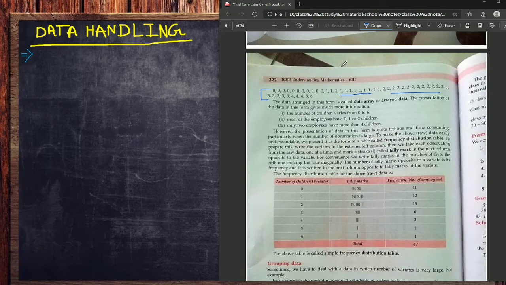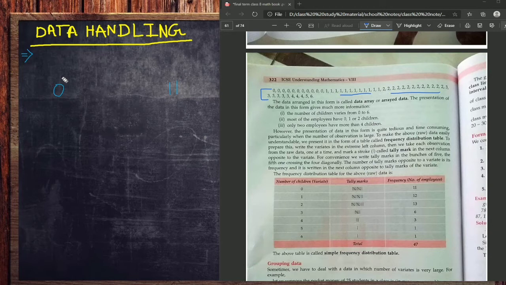You will say, sir, there are so many similar data. So if we write 0, first one, how many zeros are there? That is 11. So you can write it like that. You don't have to write 11 times zeros. You can write it at once, and this will also signify that 11 zeros are there.